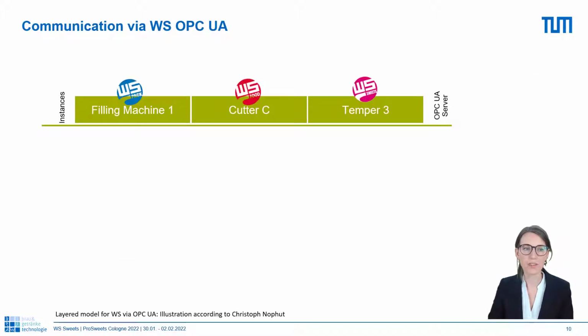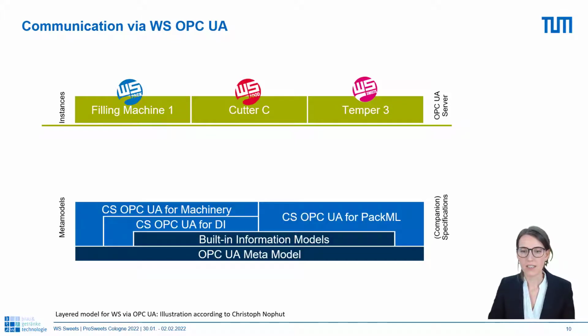How do we use OPC-UA with WS OPC-UA? At the end of the day, we want to have an OPC-UA server instance of our WS machine. At the basement of every server instance, we use the meta and information model of the OPC Foundation.